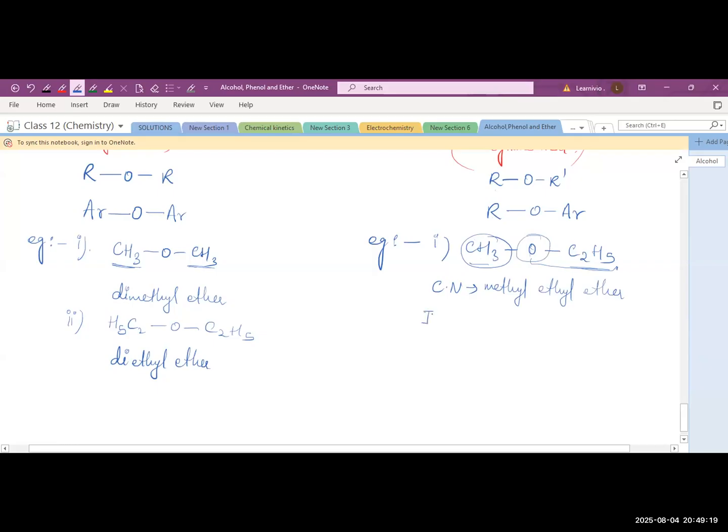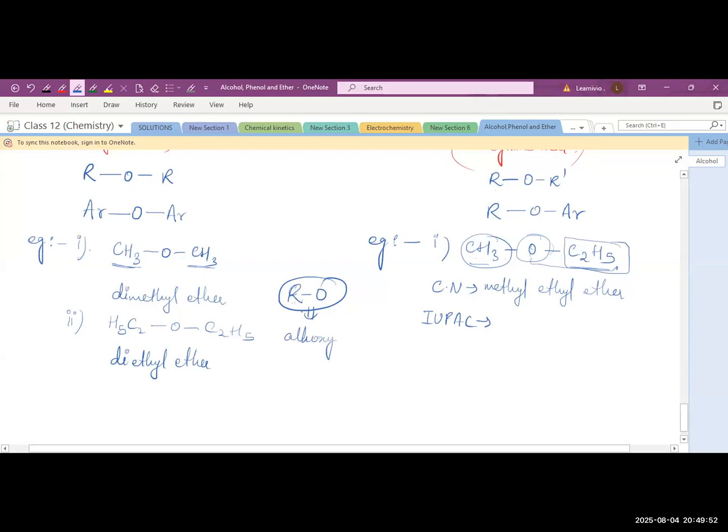But what about in IUPAC nomenclature? IUPAC nomenclature में हम क्या करते हैं? The smallest one, we just take it as a substituent. Longest chain को हम parent chain लेते हैं and ये जो oxygen है, this will go with this CH3, right? So I just told you जब हम किसी भी alkyl group को oxygen के साथ लेते हैं, we call it as an alkoxy. Oxygen के लिए हम क्या use करते हैं?